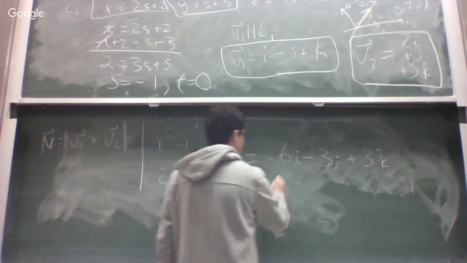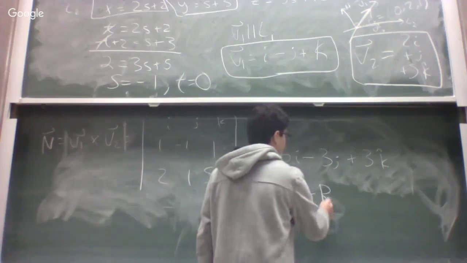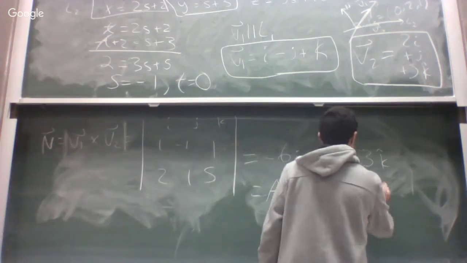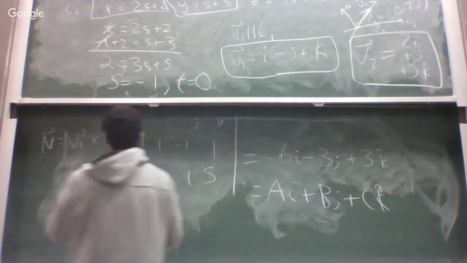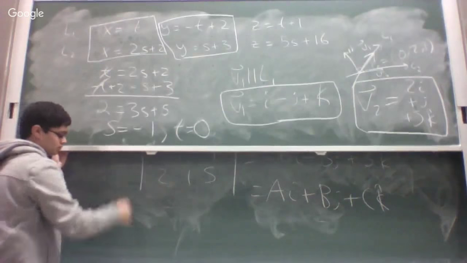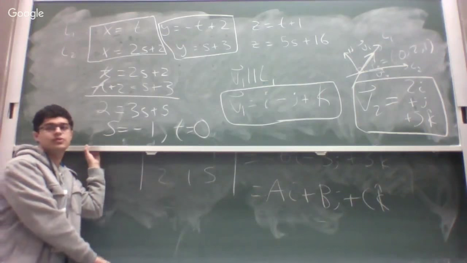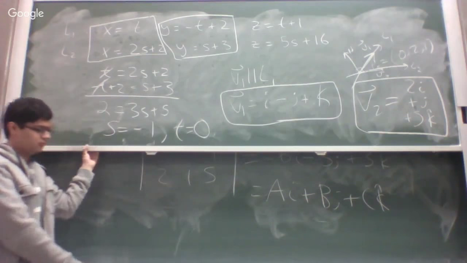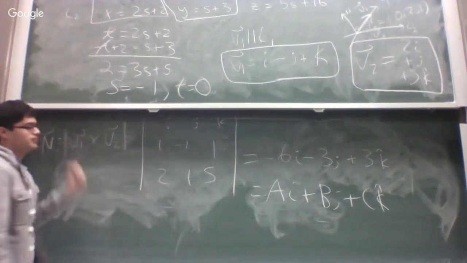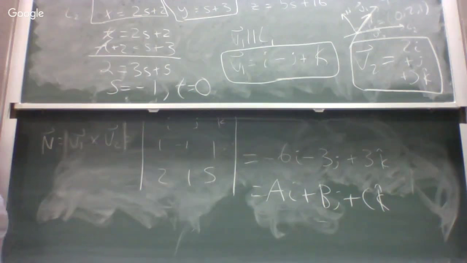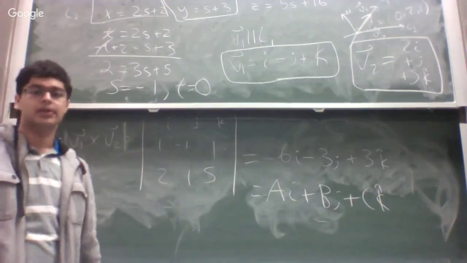That's equal to ai plus bj plus ck. Or, you guys have it copied down? I got a -3. Isn't it?